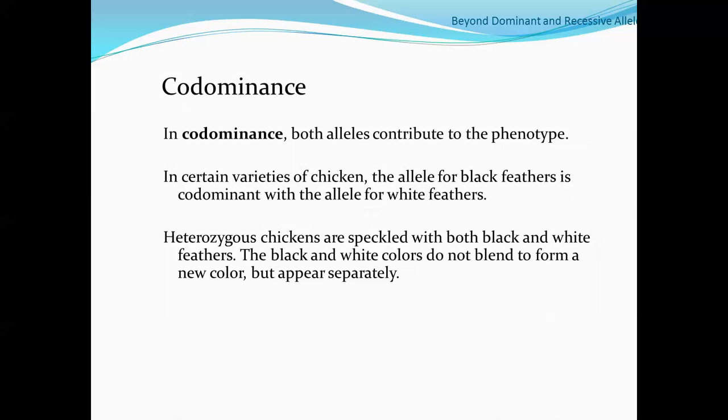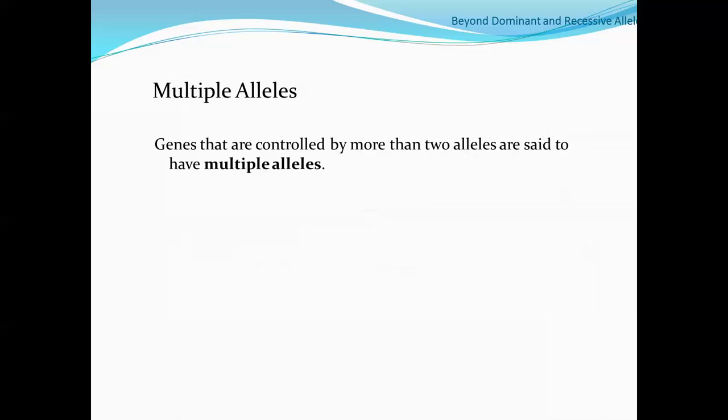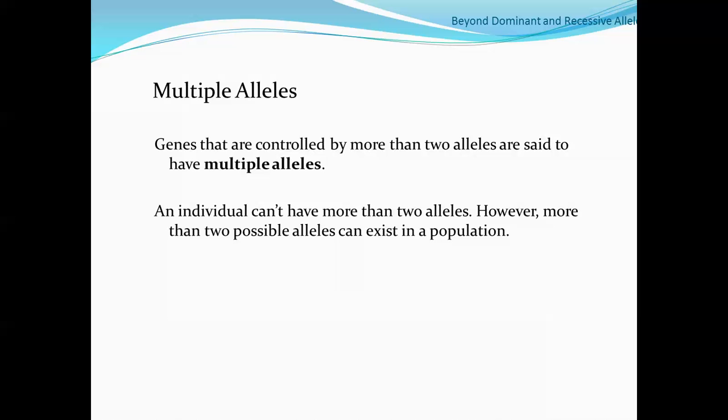So that's codominance. Then our next example is called multiple alleles, and genes that are controlled by more than two alleles are said to have multiple alleles. Kind of self-explanatory in its name. A rule about this is that an individual can't have more than two alleles, so we're always going to have two alleles controlling one trait.